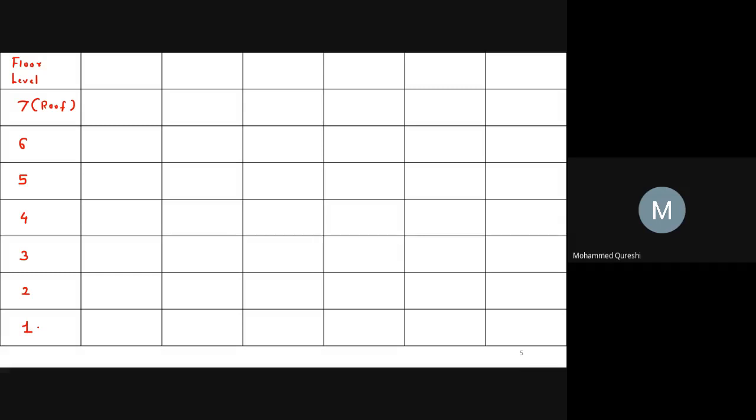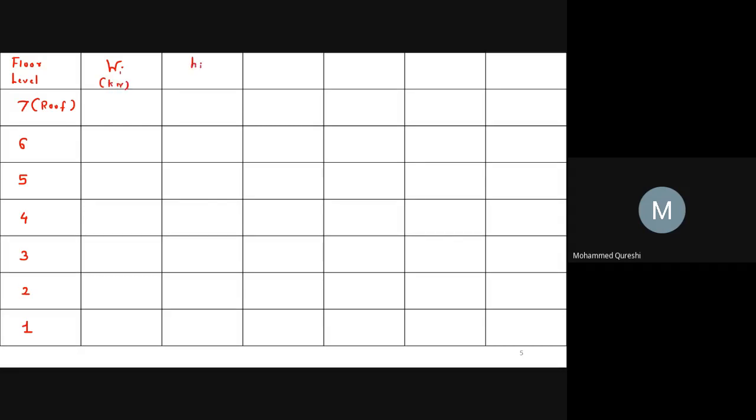Our 7-story building. Now Wi, that is seismic weight of floor i, which is in kilonewton.